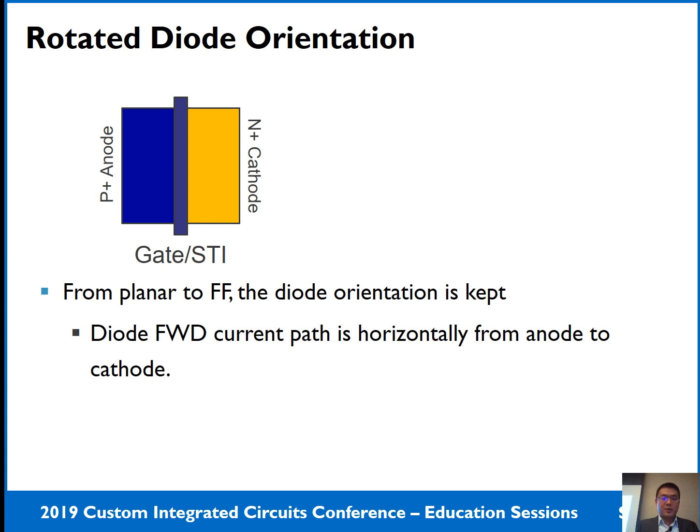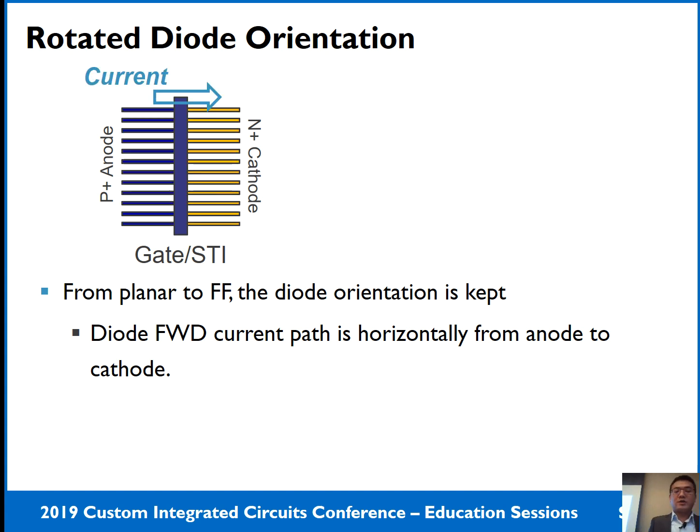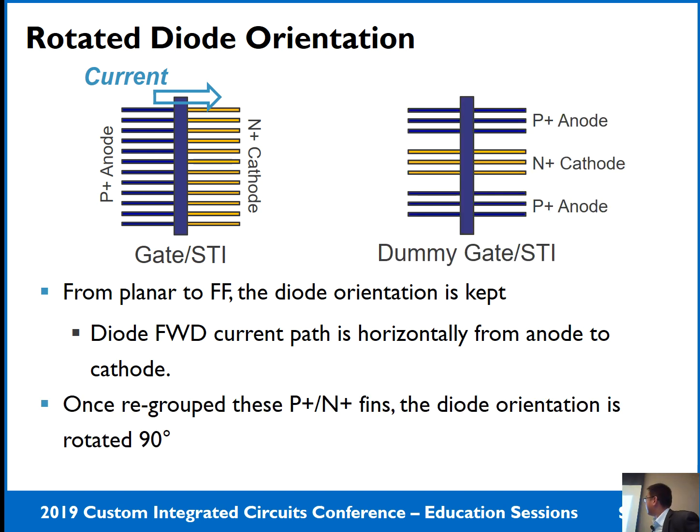From planar to FinFET, the diode orientation is kept. So the forward ESD current goes from the P plus anode to the N plus cathode. Then once we regroup the fins like this, not two sides but just the top and the middle, your diode orientation rotates 90 degrees.